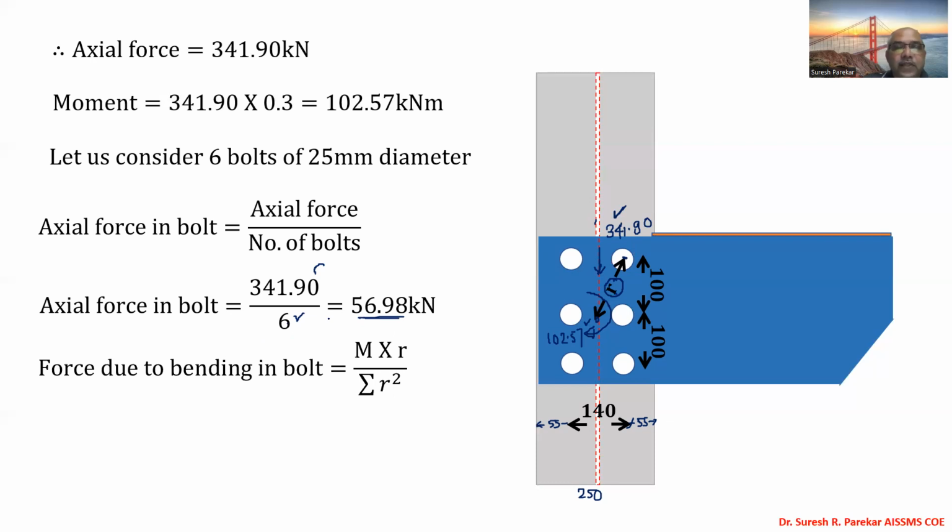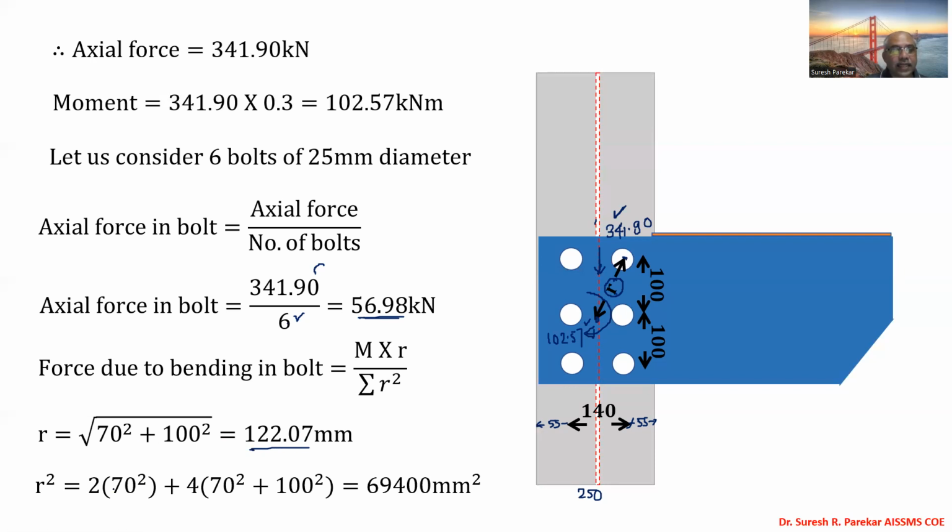Now due to moment, we have M R upon sum of R square. R, as I already mentioned, is the distance of the farthest bolt from the CG of the group, and that is the square root of 70 square plus 100 square, which is 122.07 millimeter. For sum of R square, these two bolts are along the CG of the bolt group, and therefore we have directly 70 square.